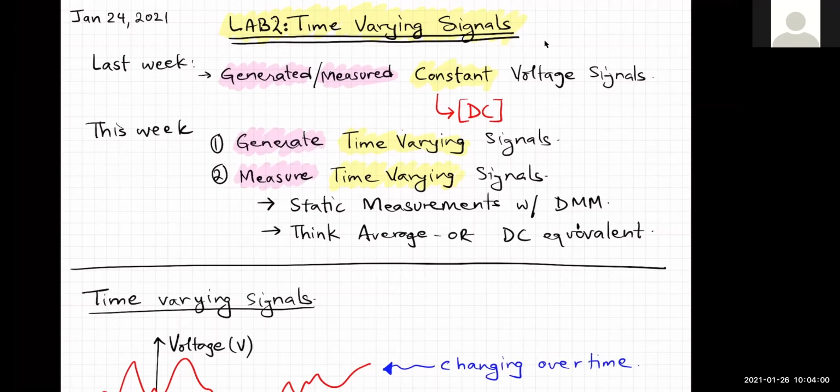But this week we're going one step further and looking at time varying signals, so signals that vary in value over time, and we're going to learn how to generate them using waveform generators and measure them using DMMs. Okay, so that's the goal of this week.